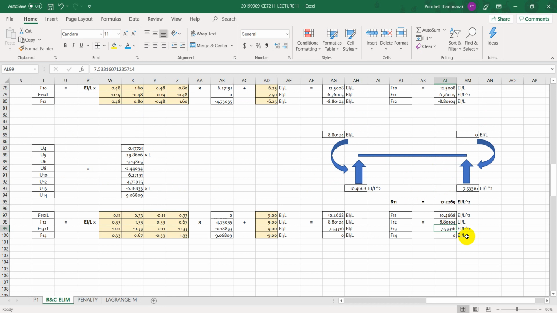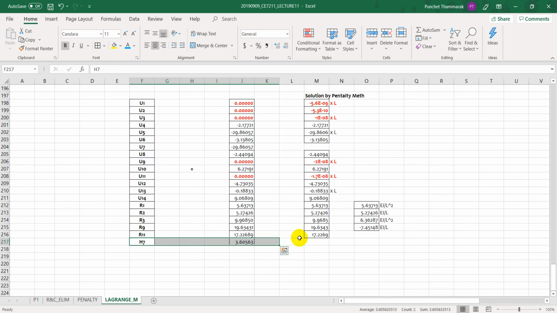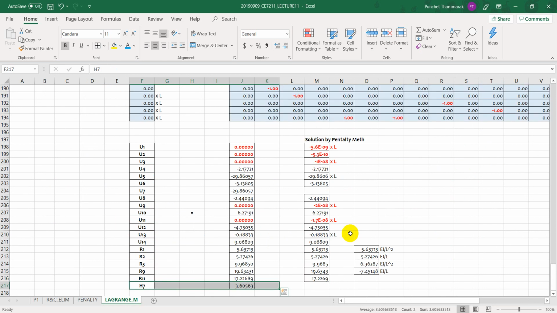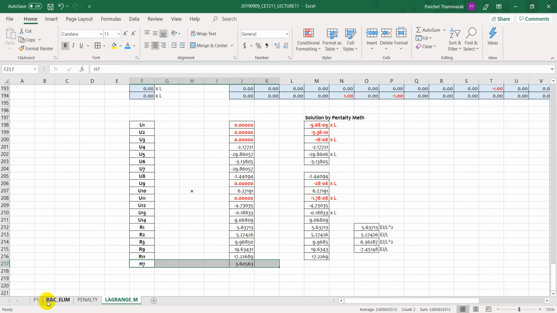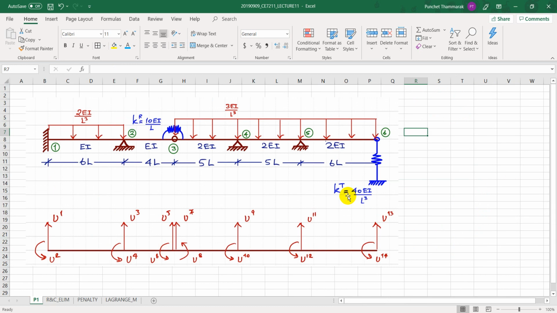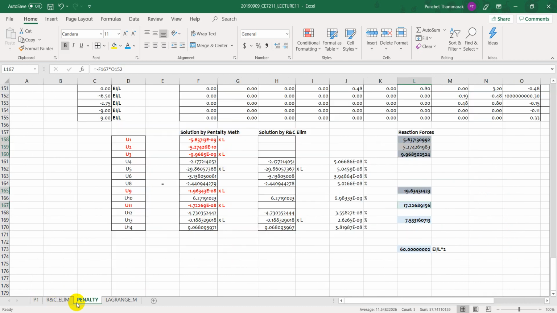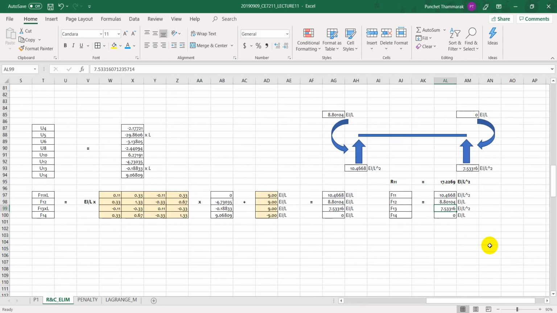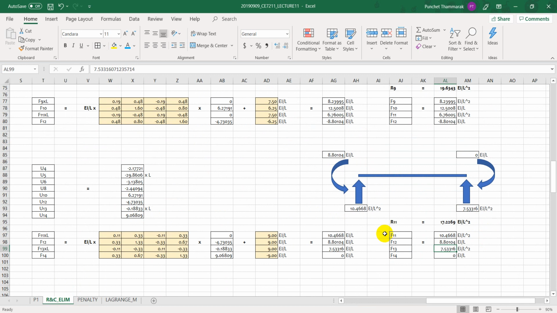And what else? 7.5. We don't have that in the Lagrange multiplier. The spring force is the reaction from that spring on degree of freedom number 13. It's okay, but in fact, if you want, you just multiply the settlement at the spring by the spring stiffness, and it turns out to be this one, which has to be identical.